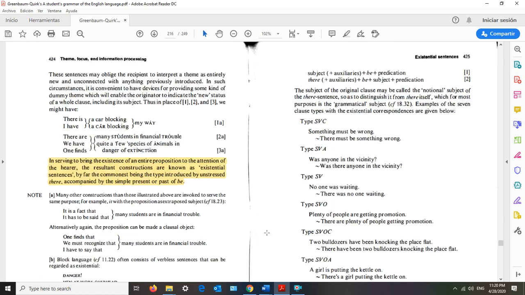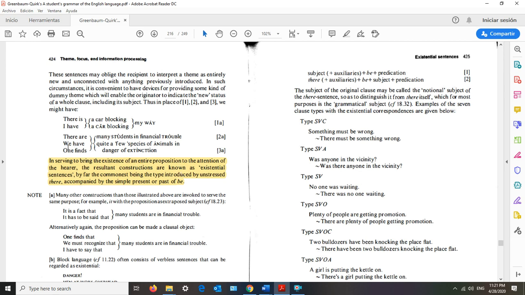And here now, I'm skipping a few lines. In serving to bring the existence of an entire proposition to the attention of the hearer, the resultant constructions are known as existential sentences.